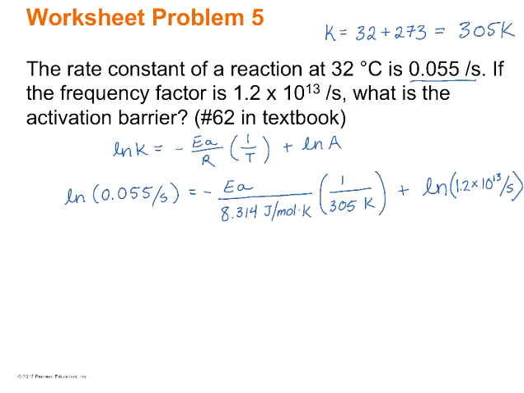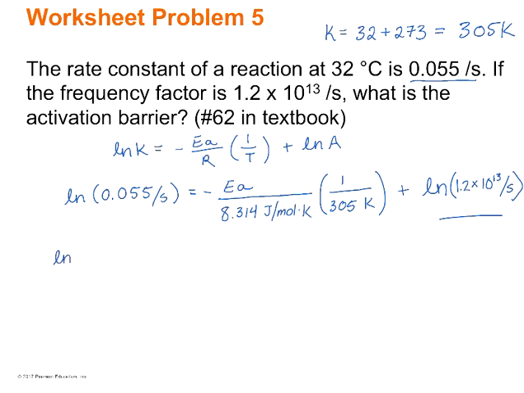All right, so I'm going to rearrange this slightly. Remember, if you subtract two natural log values, you're really dividing those values and taking the natural log of that. So if I move the natural log of the frequency factor over to the left-hand side of the equation, we are subtracting it.